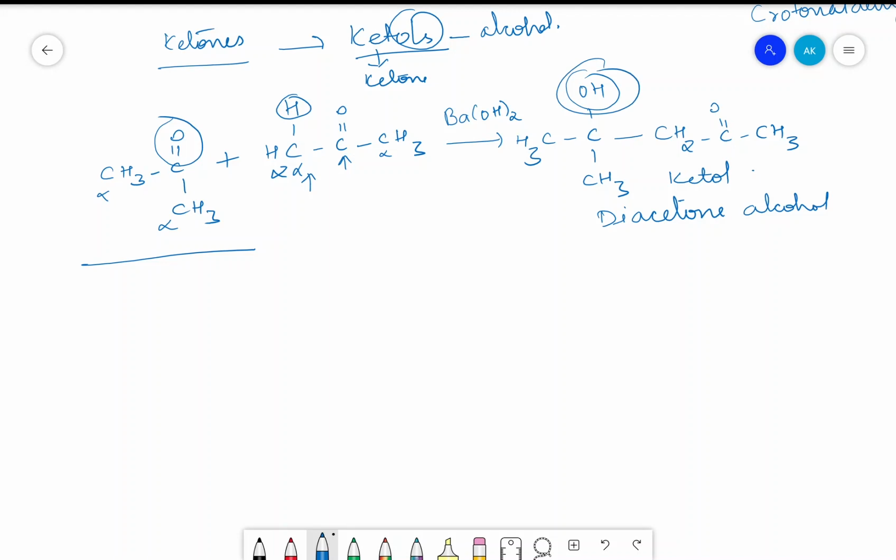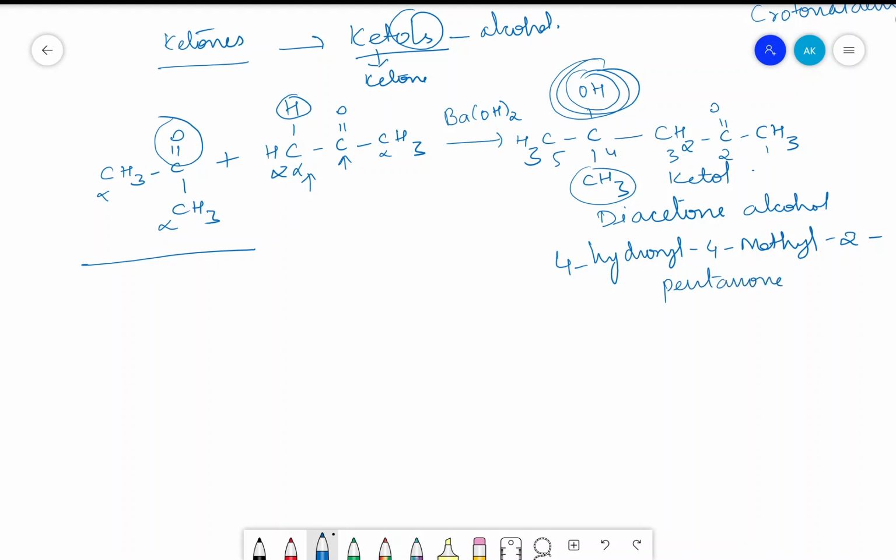If you try to number it also, 1, 2, 3, 4, 5. At the fourth position you have hydroxy and methyl groups present. I am going to write the IUPAC name: 4-hydroxy-4-methyl-2-pentanone. At the second position you have the ketone, so that is the representation of 2-pentanone, with 5 carbons, so pent.